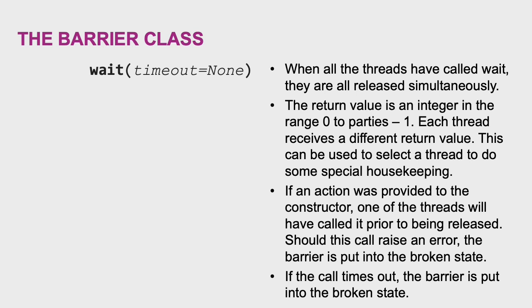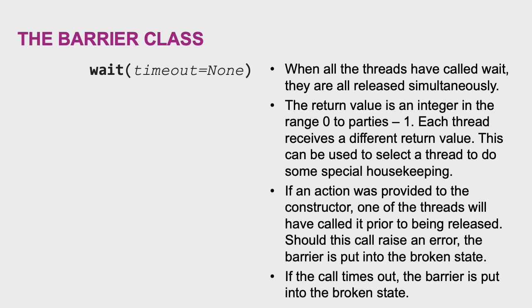That's the idea. When everyone has reached the barrier, every thread is released, and every thread is returned a value, an integer value, in the range 0 to parties - 1, and each thread receives a different number.